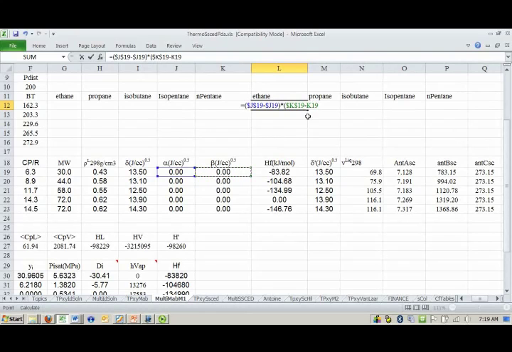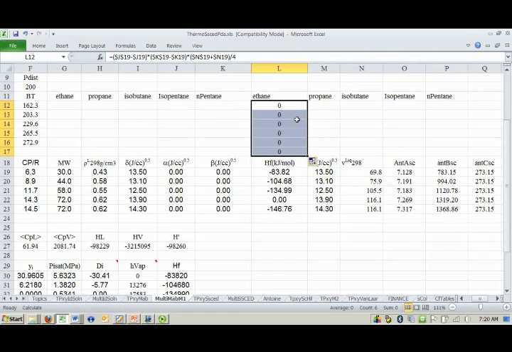F4 minus this one with a dollar sign, times V1 plus V2, dollar signs, divided by 4. Now I knew that was going to come out to be 0, but now let's make sure. Oh, we better change the compounds.